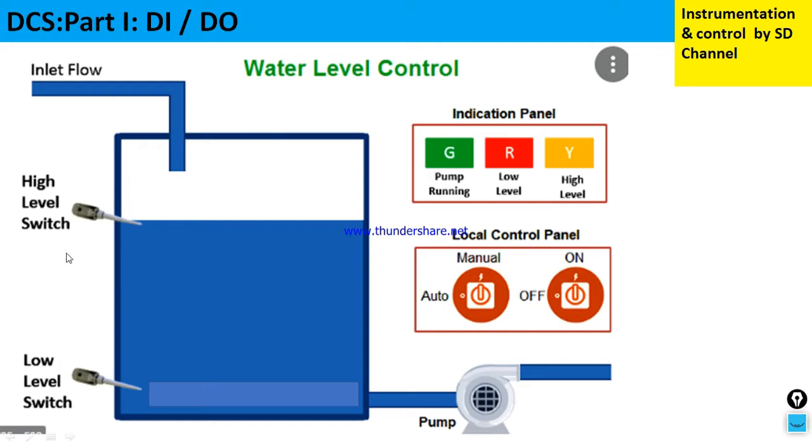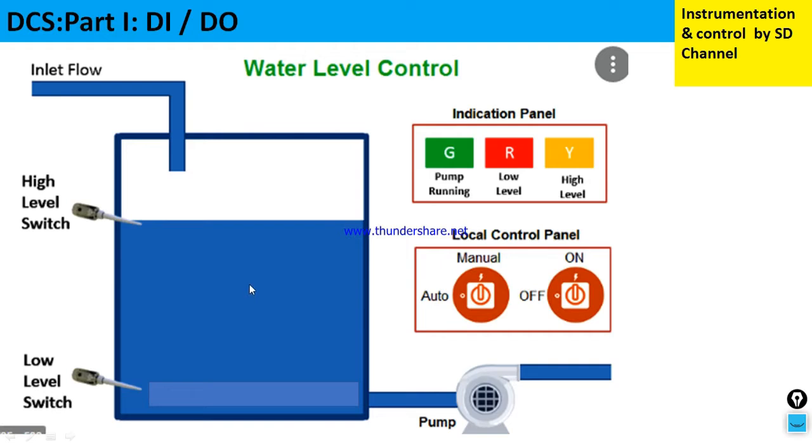So for example, this high level switch is a DI contact, digital input, and this low level switch is also a digital input contact. So digital input from these switches will go to the controller, and the controller will control the pump, can start or stop depending on the level.